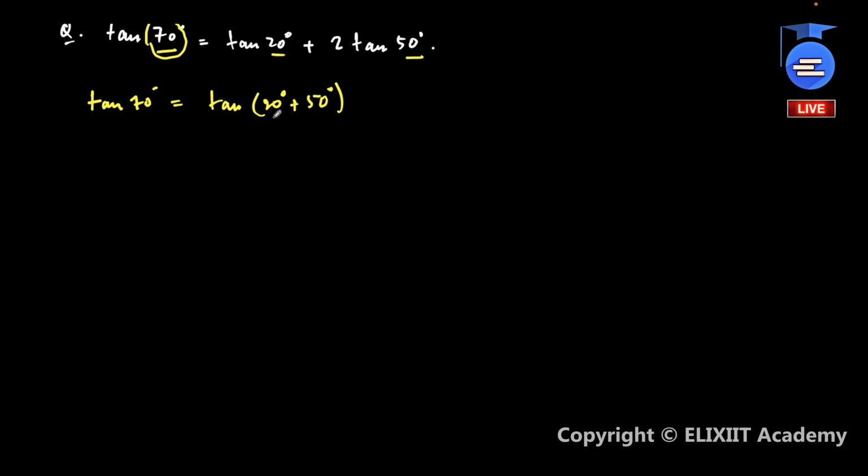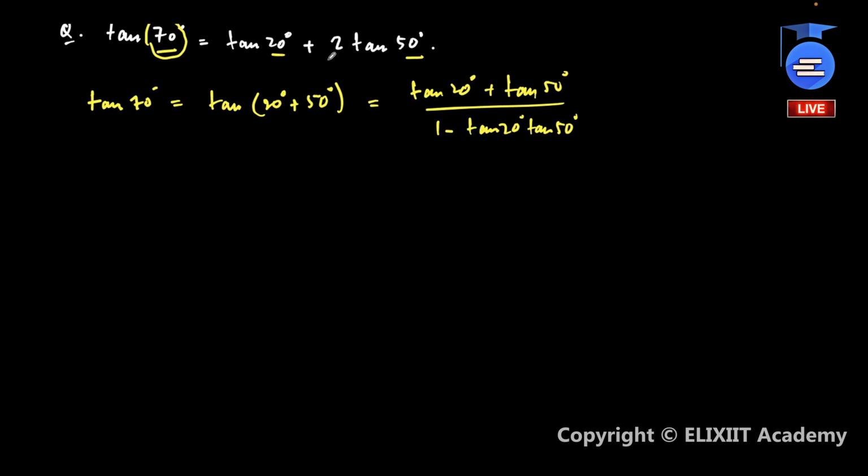Definitely, we are going to use the formula for tan A plus B: tan A plus tan B upon 1 minus tan A tan B. What is our main target? We have to prove this relation, tan 70 is the same as tan 20 plus 2 times tan 50. We are starting off with tan 70.